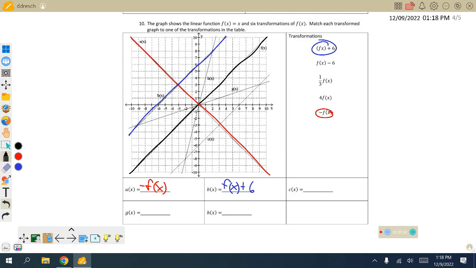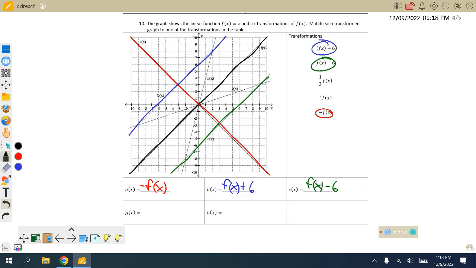Okay. Do I have any other up or down movement happening? I have a minus 6 up there. Which graph went down 6 units? C of x. I'll have those color coded again for you to help on that test on Monday.